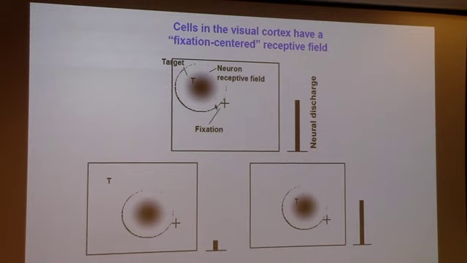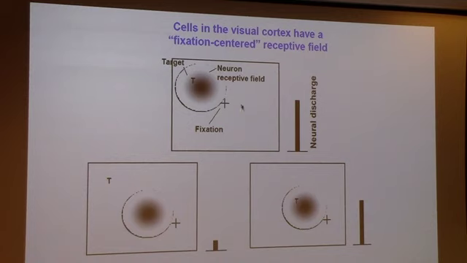For example, I have the participant fix his gaze on this cross here, and I have a receptor in his retina, and the receptive field for that neuron will be a circle here. If I put a target in the receptive field, you can see the neuron will discharge. We'll get a response, but not without it.